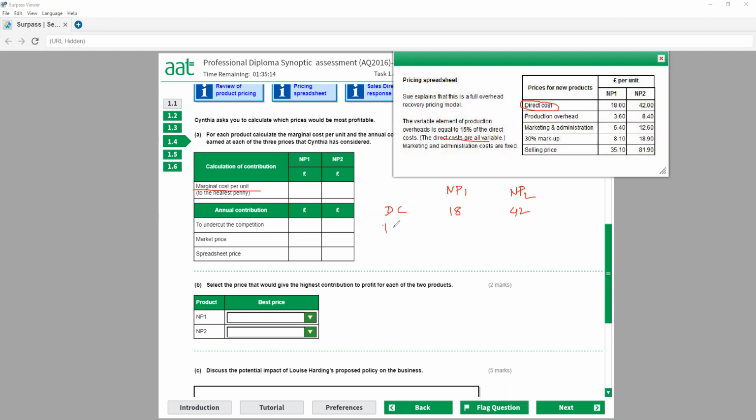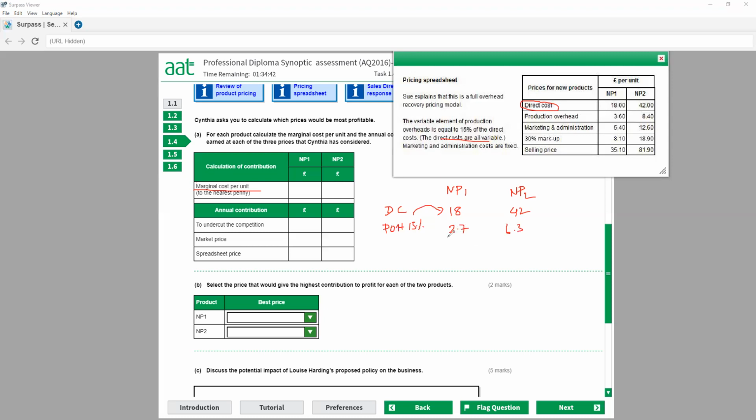Then the production overhead, they said 15% is variable. So 15% of 18 will be variable. How much is 15% of 18? 18 times 15% gives me 2.7. And 15% of 42 gives me 6.3.